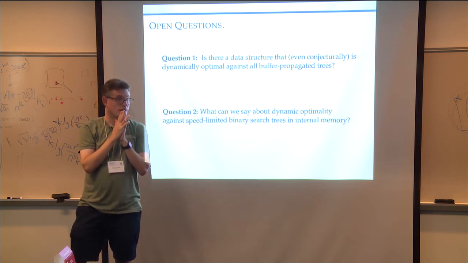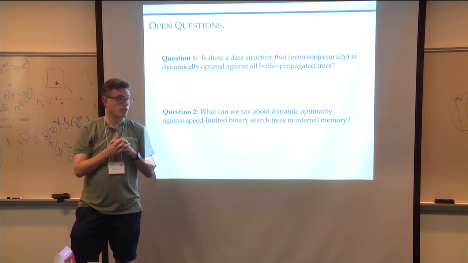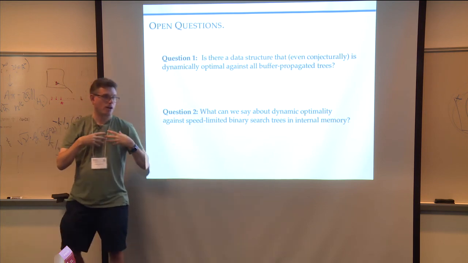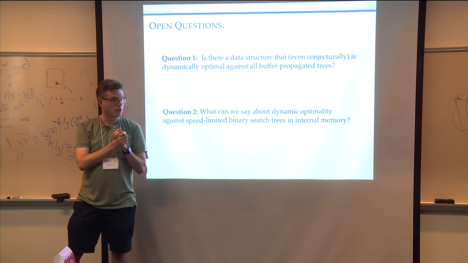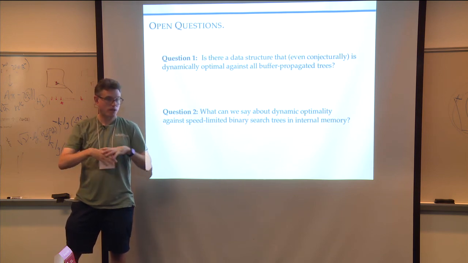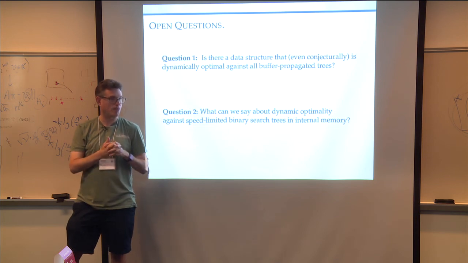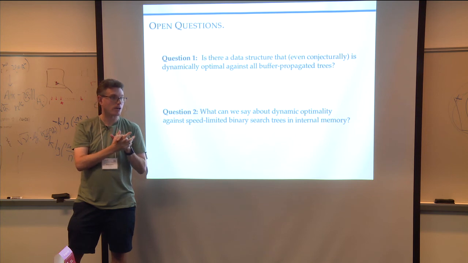And that's just a weaker kind of operation. So it's not clear that we have the exact right one. It could be that there's a modification of buffer propagated trees that leads to better results that we don't know about.